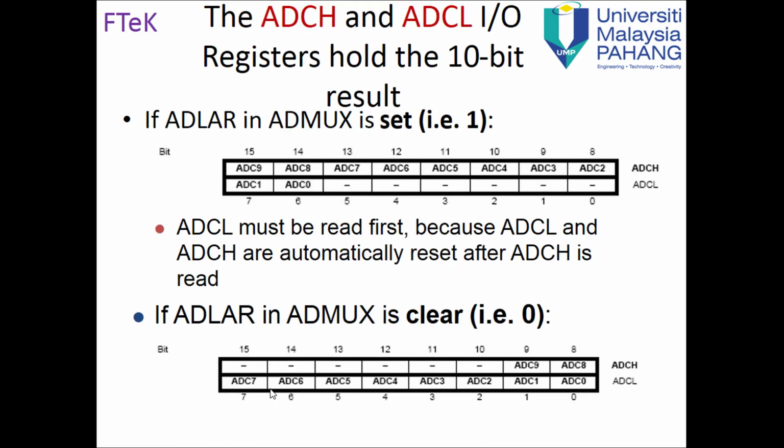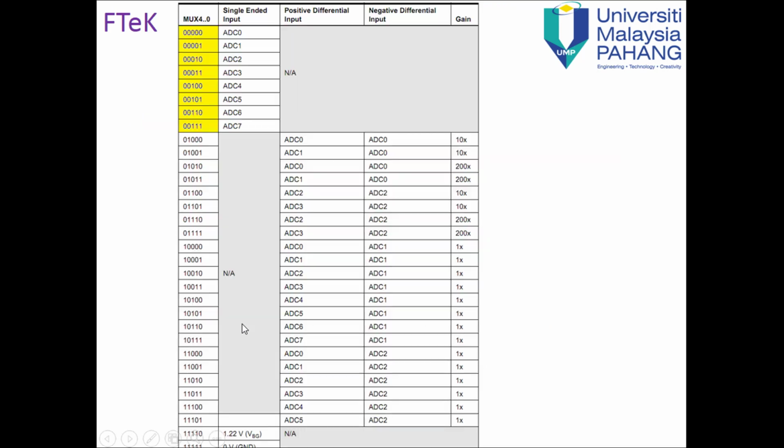Finally, the ADCH and the ADCL are hosting the value of the conversion. After the conversion finishes, the result is 10-bit, so it can be stored in these two registers. We can choose whether ADCH starts with only 2 bits and we use the 8 bits from the other one, or ADCL will take the 8 bits and ADCH will take 2 bits, using the ADLAR in ADMUX.